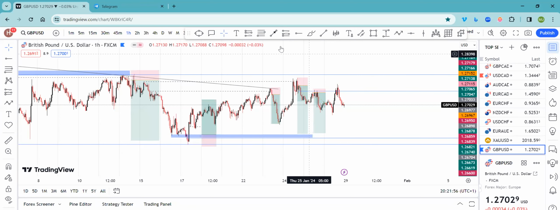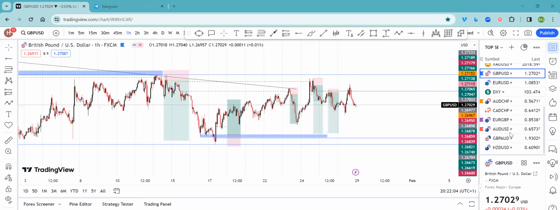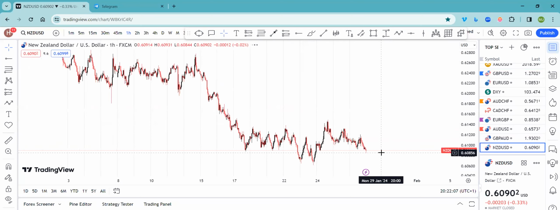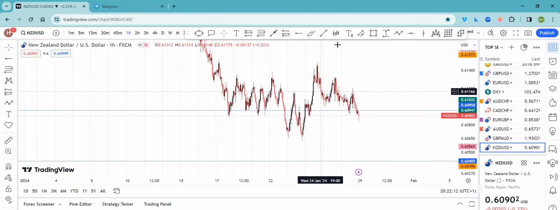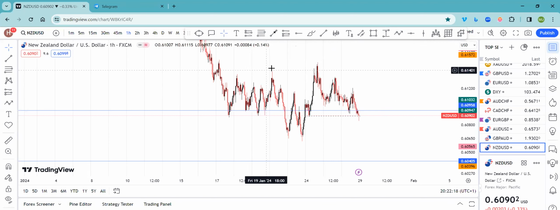But let's look at our last week analysis. How does it play out so that we can actually learn from there? NZD USD, I didn't see anything about those things. It looked like something that I want to buy anyway. If they should take out this low, they already will take out the low. So we already have a break-up structure.